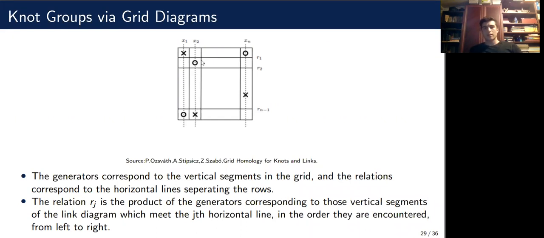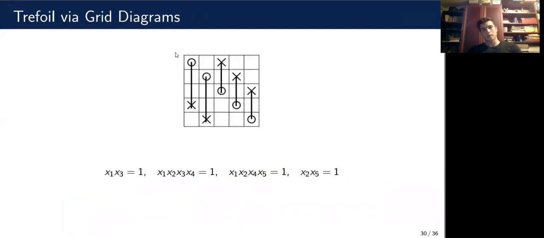So let's compute the trefoil, but this time using the grid diagram technique. This is the grid representation of the trefoil, and I draw the line segments. The first relation is the product of the generators that meet that line.